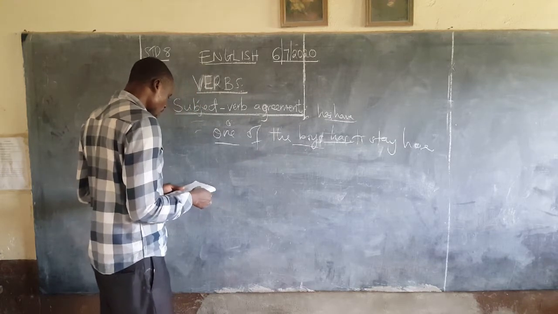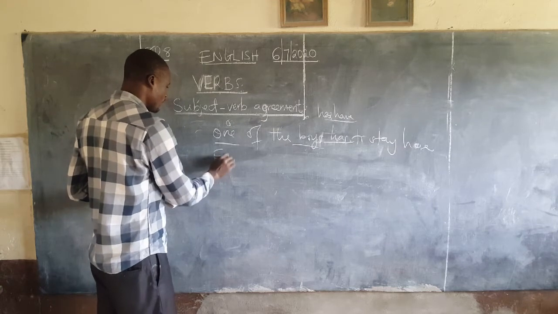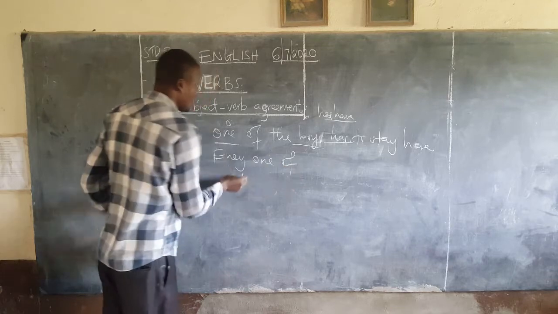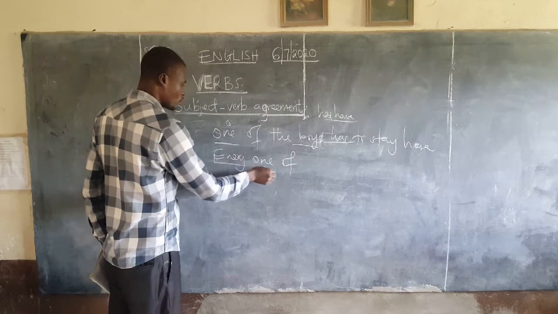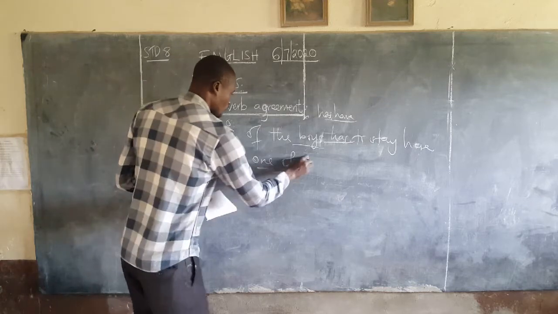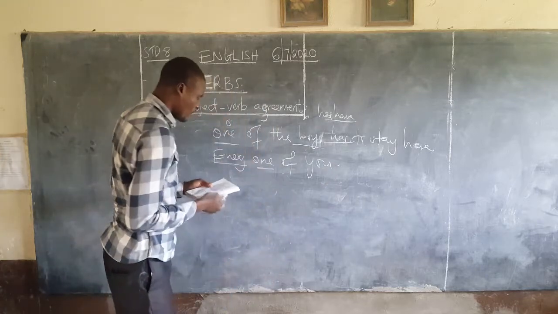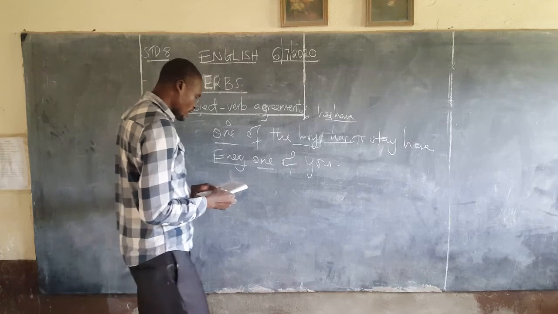The next category, every one of. You know that the word every one of, these are three words. Every plus one plus of. So every one of you. It's a common word that is normally used in class. Every one of you was late yesterday.